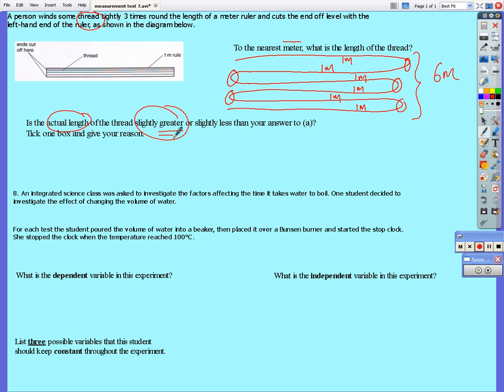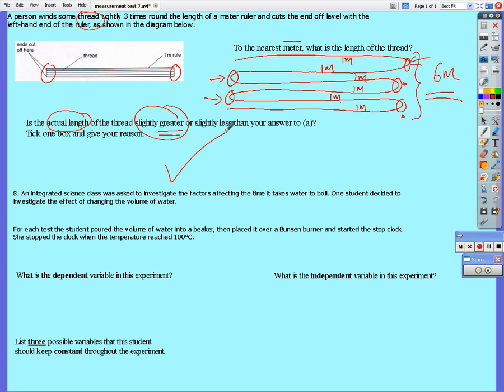Okay, why would it be slightly greater? Well, because at each end of the ruler there's this little bit of thread, a few millimeters of thread perhaps, that we didn't include when we added up our measurements to give us 6 meters. Okay?